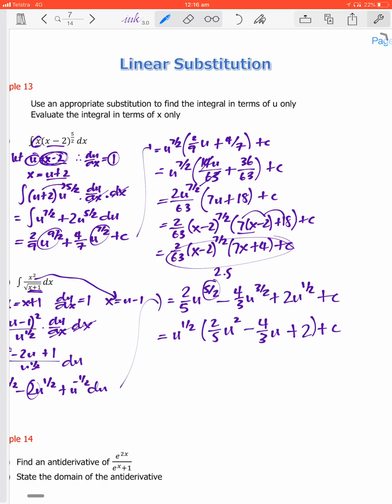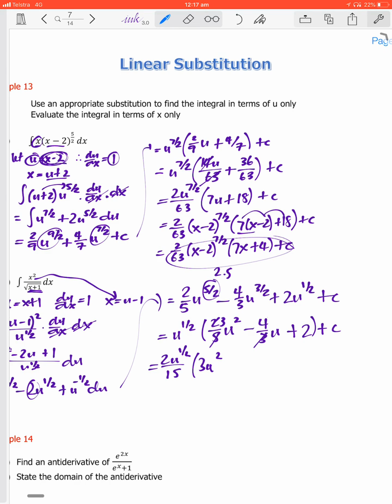I mean, there's no real advantage to taking out 15, but we can do it, and a 2. So I'm going to say 2u to the half on 15. So if I take out a 15, I've got to multiply the top by 3. So I get 3u squared.